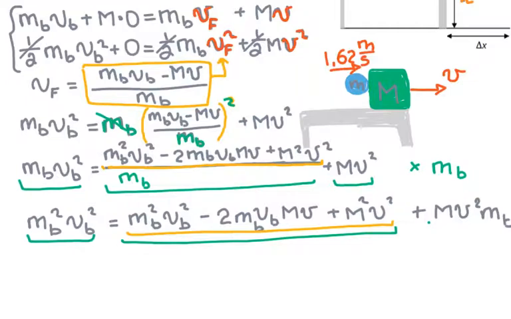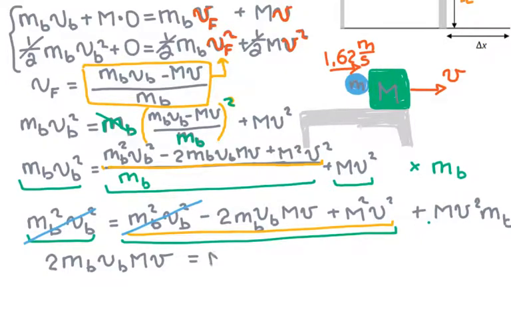Now, I have this term on both sides, so I can cancel these from both sides. And what I'm going to be left with, let me rewrite this. I'm going to move 2 mb vb m v to the left side, and what's left on the right side is v squared.